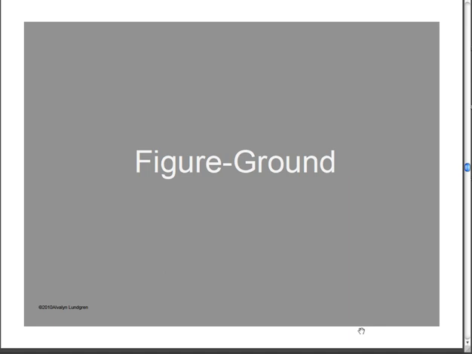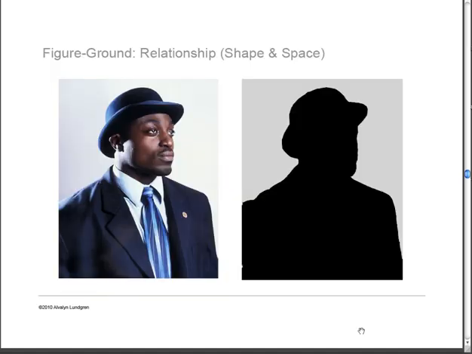When we look at something, figure-ground is an automatic perception. So as we look at this photograph, we have the man with the hat, and then we have a gray surround. So the man with the hat, with all of his suiting and all the forms, the tie and the collar and the hat and so forth, that's figure, and then the gray surround is the ground.